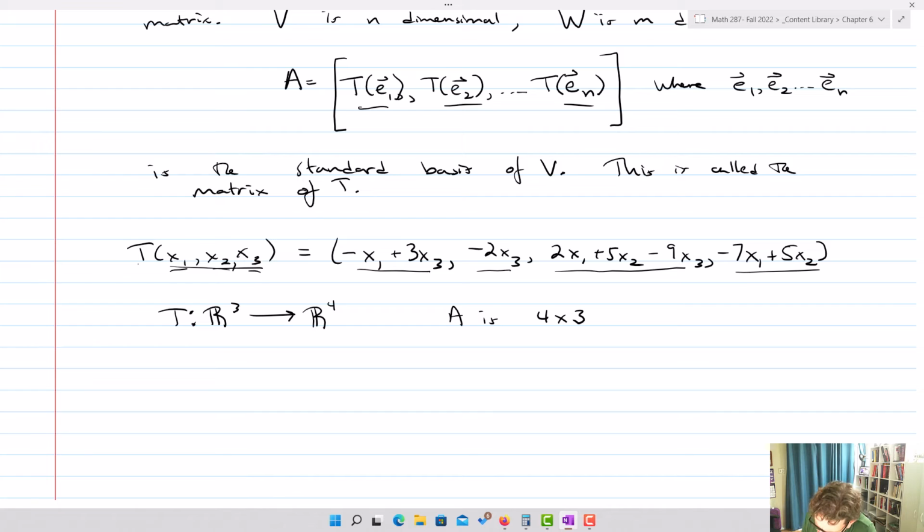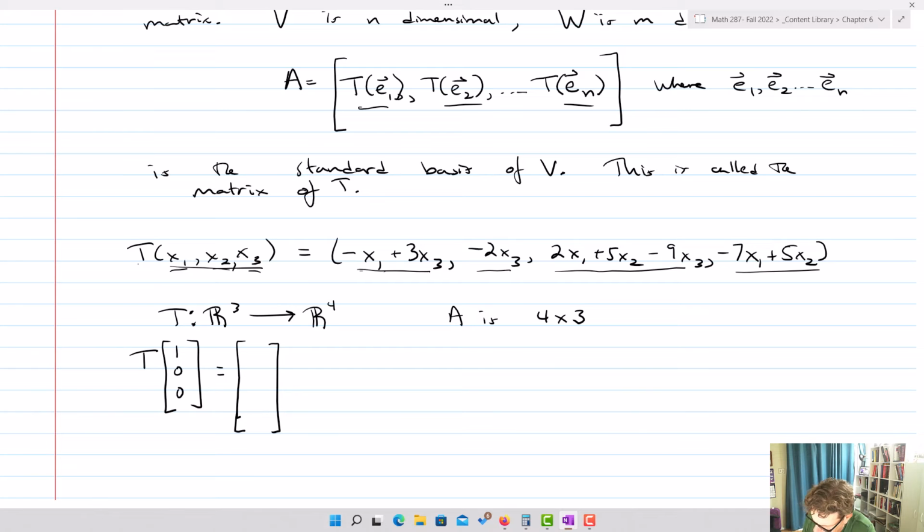And so what I could do is just start out with the standard basis vectors for R3. So that means that T of, and I'm going to write them as column vectors, 1, 0, 0 equals, and then I'm just going to plug in for x1. This is going to end up being the first term here, because my output vectors are in R4 now.